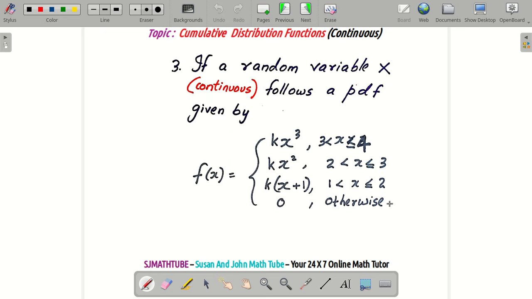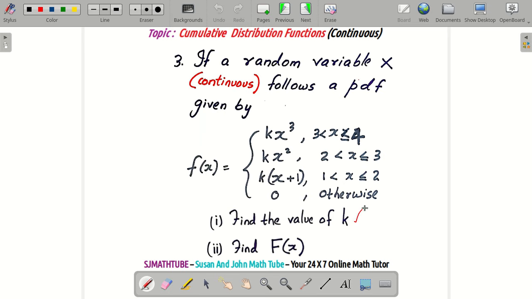So you can see 1, 2, 3, 4. From minus infinity to 1, and then from 1 to 2, and then 2 to 3, and finally 3 to 4. And of course, this otherwise means it's 0. So we have 1, 2, 3, 4, and 5.